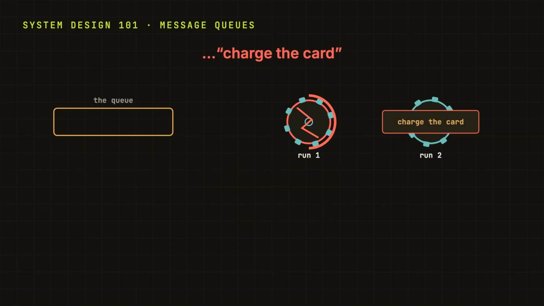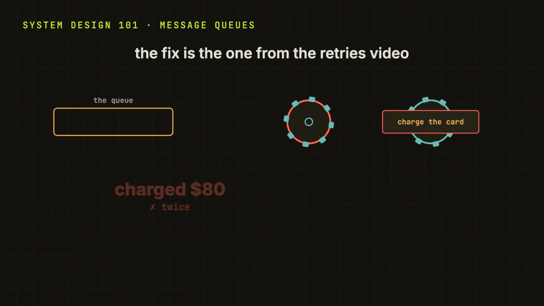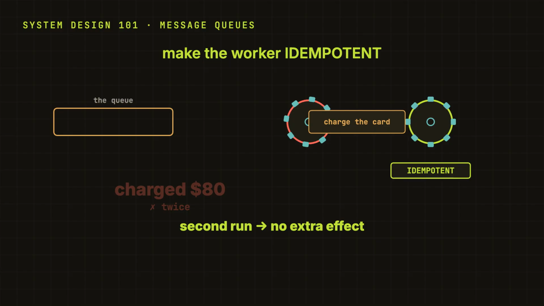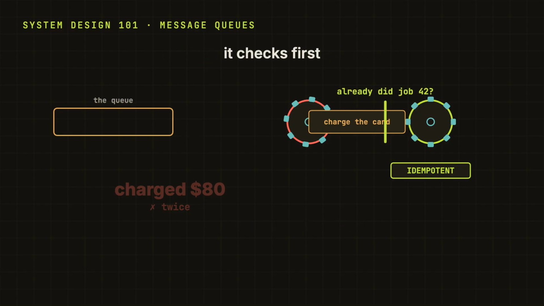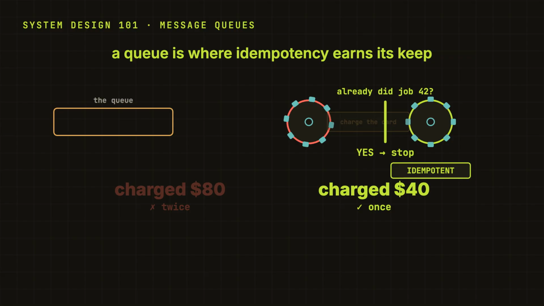If the job was charge the card or send the email, you could charge them twice or send them the same email twice. And the fix is exactly the one from the retries video. You make the worker idempotent, which just means doing the job a second time does nothing extra. The worker checks, wait, did I already do job 42? And if so, it just stops. So honestly, a queue is precisely where that idempotency idea earns its keep.